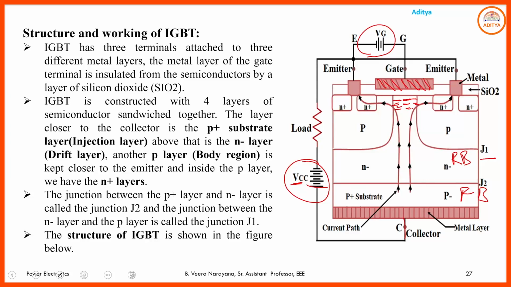At a particular level, these electrons move towards the collector terminal, and current flows from the collector to the emitter. Whenever the current is established in the collector terminal, we treat the IGBT as in the on state.